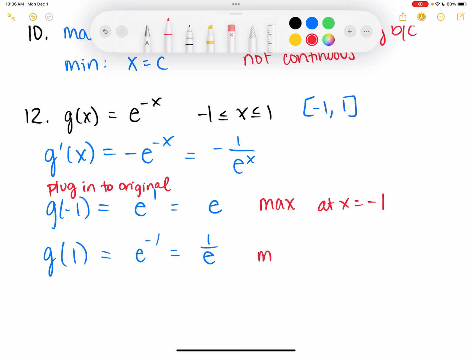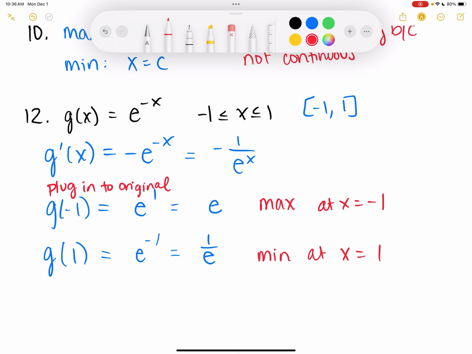And then this one is a min at x equals +1, because that is less than that value there, or greater than that. Wait, yeah. This is less than this, so it's a min value.